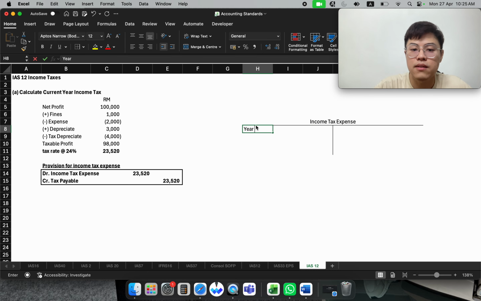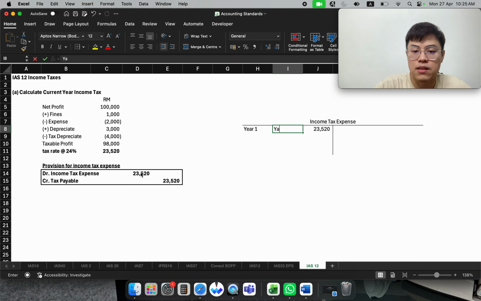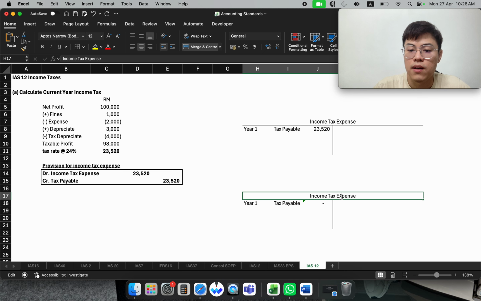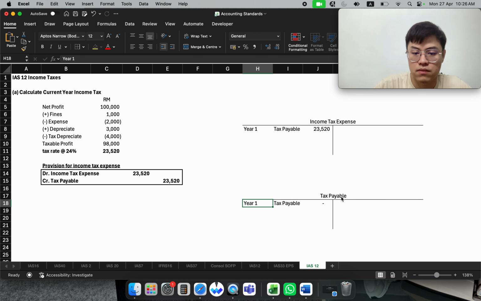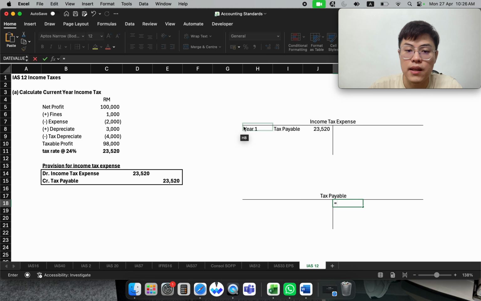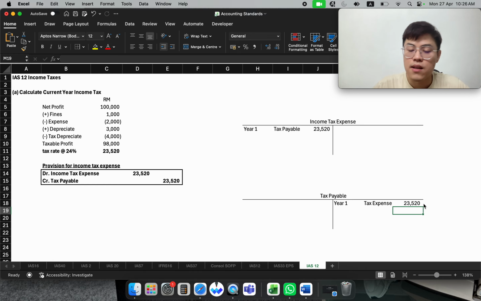In year 1 you have an income tax expense debit, and you will need to credit your tax payable liability account. In year 1 as well, this is tax expense, and you will credit this side. So this is year 1, and again this is an estimation.